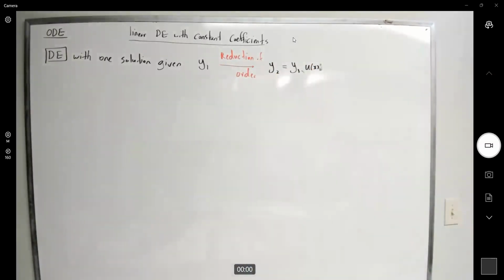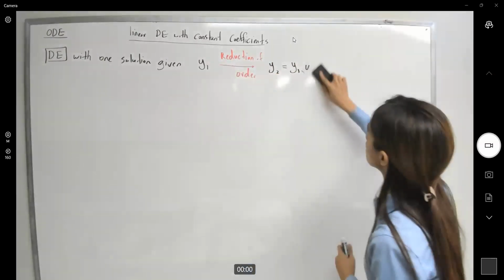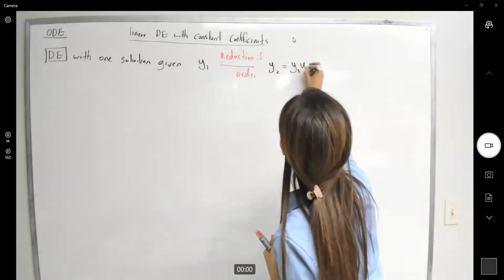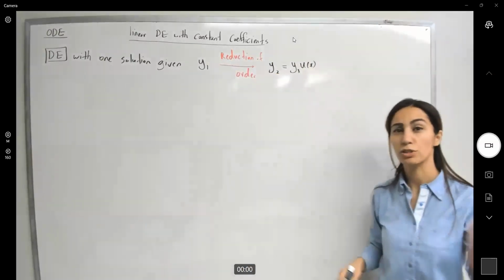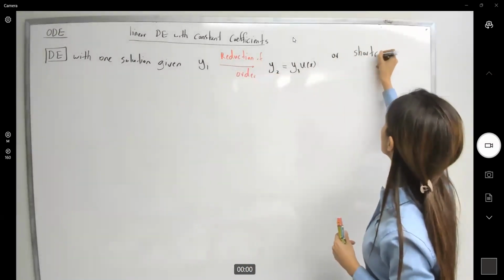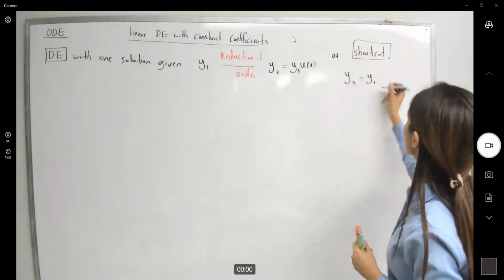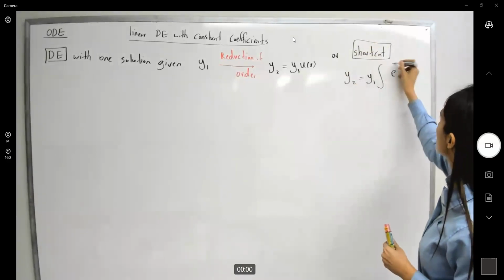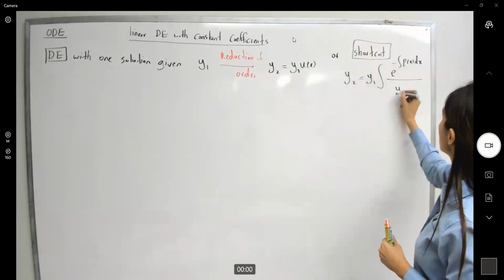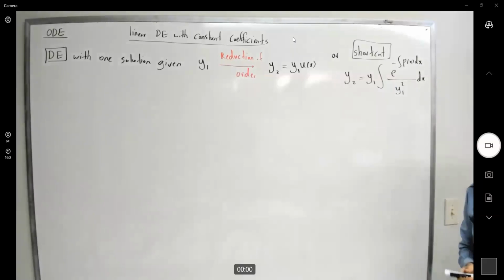Sometimes it gets very messy if you want to apply the direct derivatives and then plug them back into the differential equation. You can use a shortcut as well. So your shortcut says y2 is equal to y1 times the integral of e to the negative integral of p(x) dx, divided by y1 squared, and you're taking the integral with respect to the independent variable.